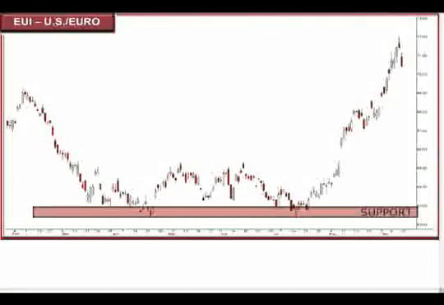Now, that area there can be characterized as a key level of support, and the idea is that if the euro was going to continue in its strength against the U.S. dollar, or the weakness in the U.S. dollar, we really needed to see a break below this key support level.